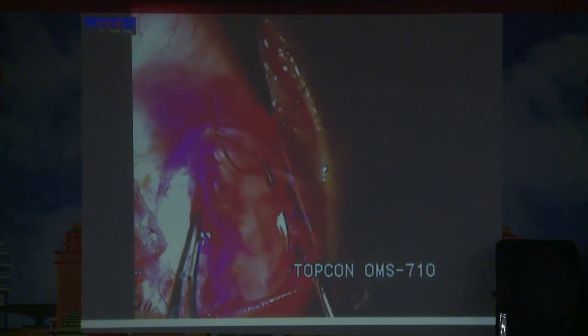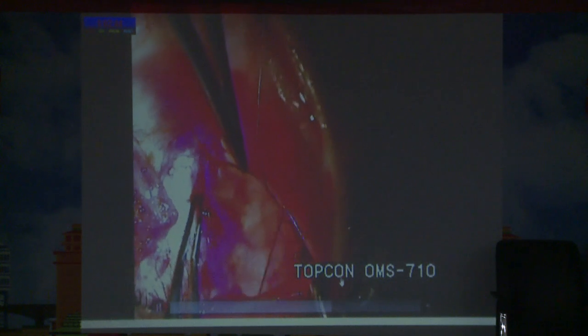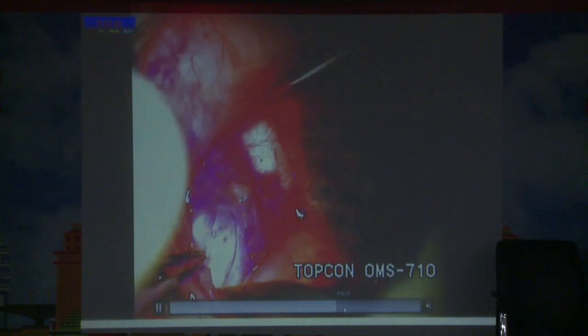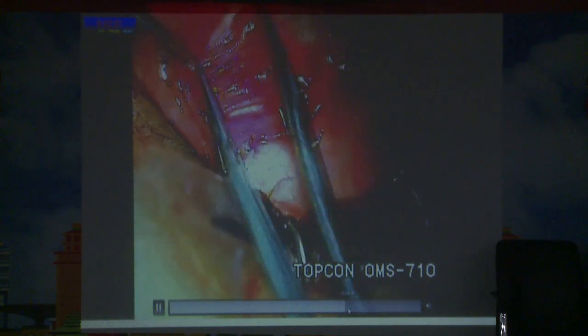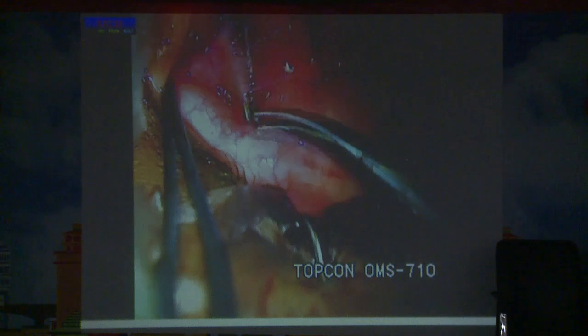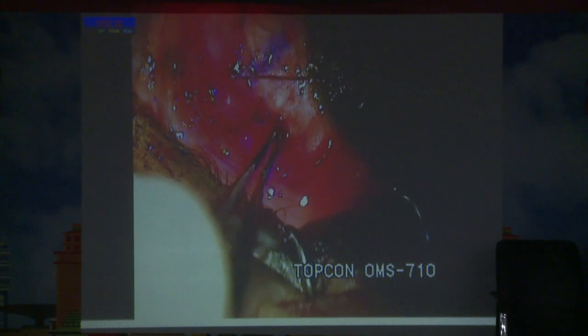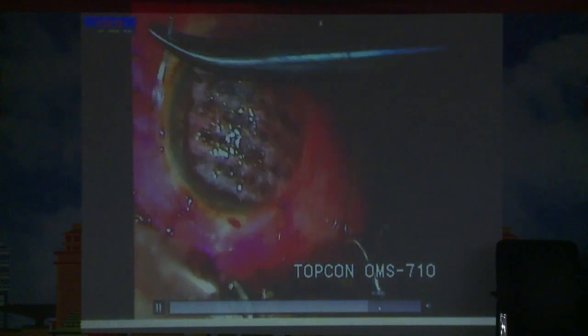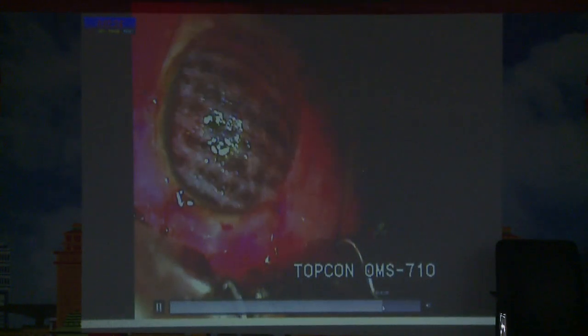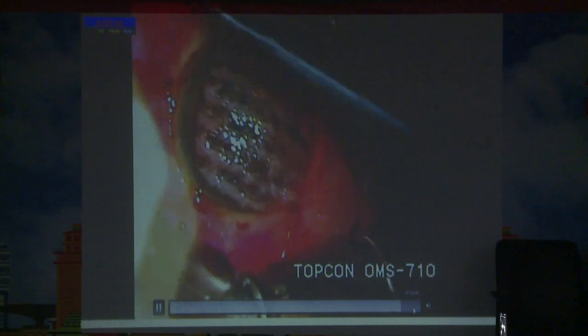So this is a recession which we have done for the LR muscle. And so this is the MR which we are resecting in this case. So after completing, you close with a 6/0 Vicryl, and your case is over.